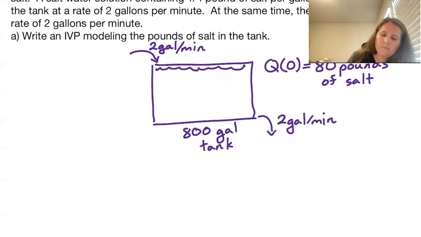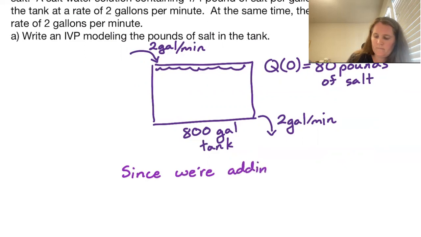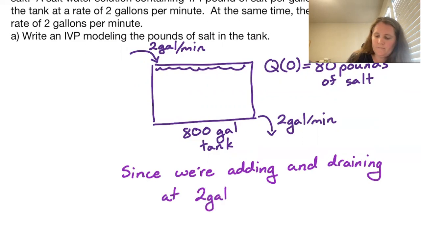So since we're adding and draining at 2 gallons per minute, the volume remains constant at 800 gallons.